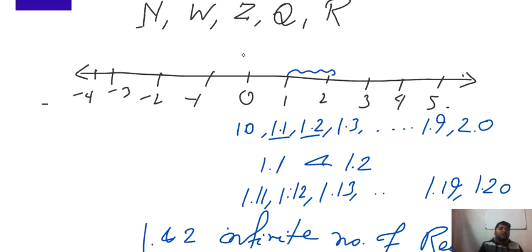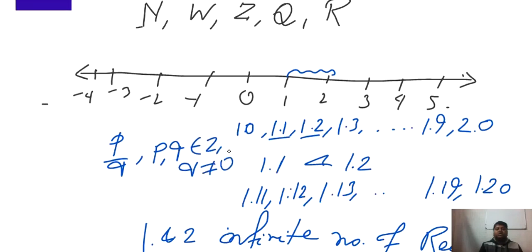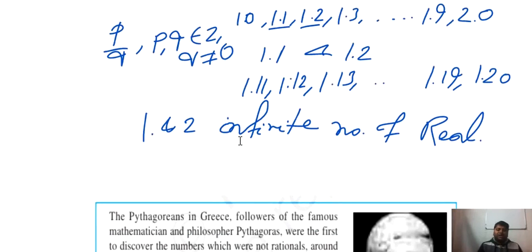These are rational numbers. That means we represent these numbers in p by q form, where p and q belong to integers and q is not equal to 0. This is the condition for being a rational number.